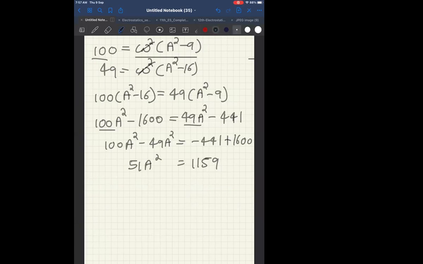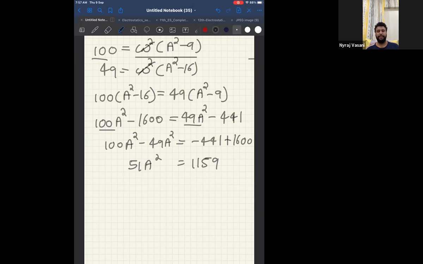Okay, now just for your reference and just for your simplification, I will take a square is equal to 1159 by 51. Correct? Just for your simplification, because in JEE you'll have options. I will take it as 1150 or 1160.